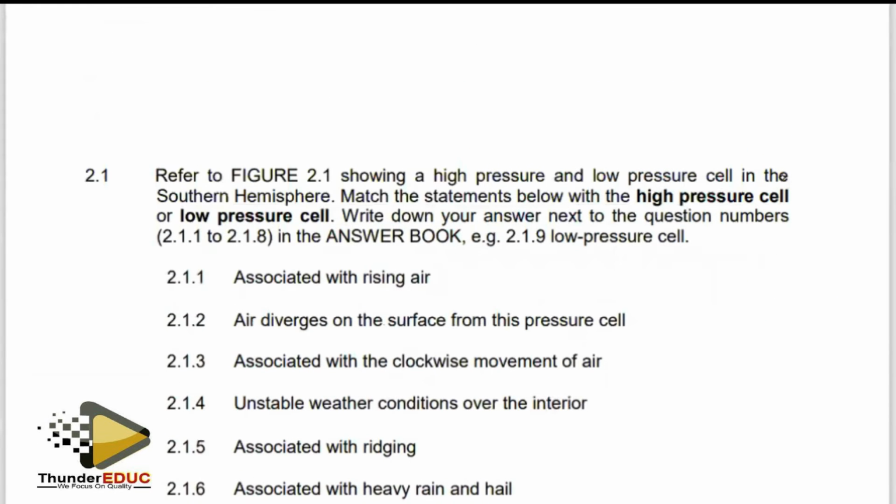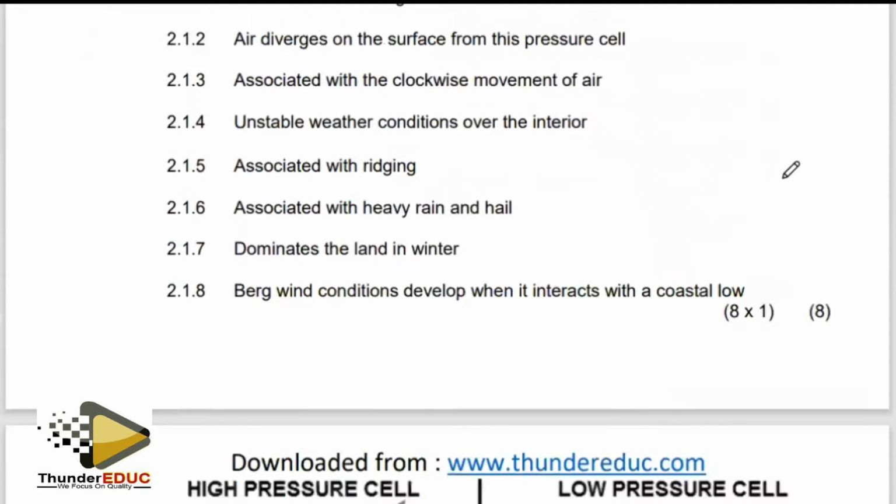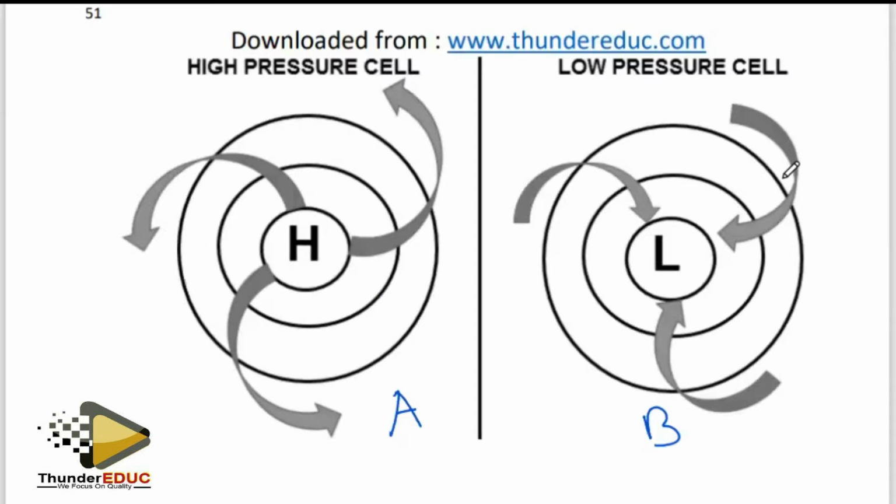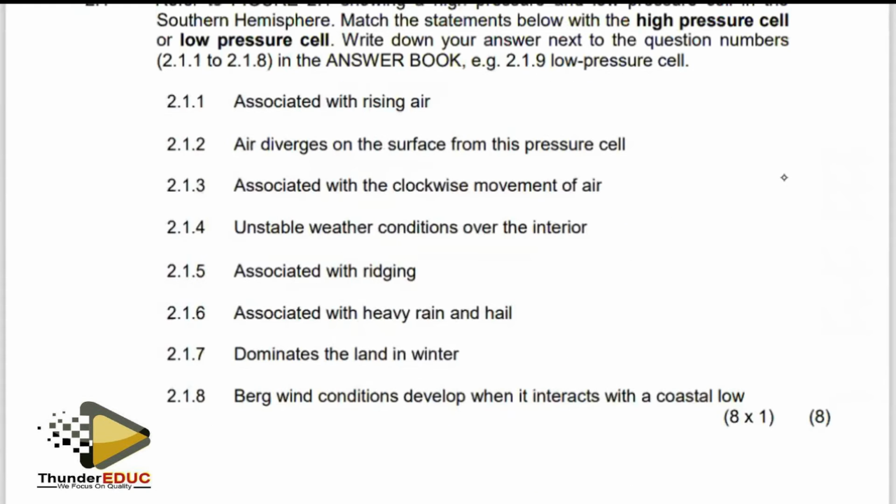So they say associated with rising air. Is it going to be a high pressure cell or a low pressure cell? And for this case, that would be a low pressure cell. It is the one that is associated with rising air.